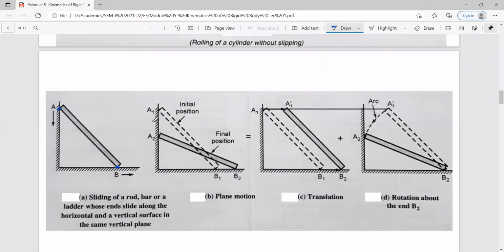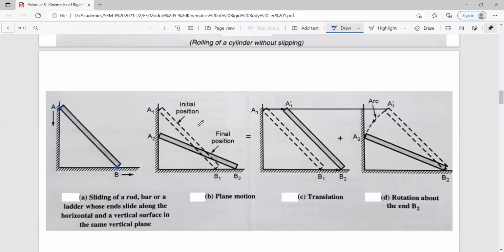So what kind of motion is it? It is the initial position, it is the final position. You tell me whether the ladder translated to the new position or whether it rotated to the new position. What is the motion of the ladder? The ladder has some displacement. Displacement is there, which means motion happened.